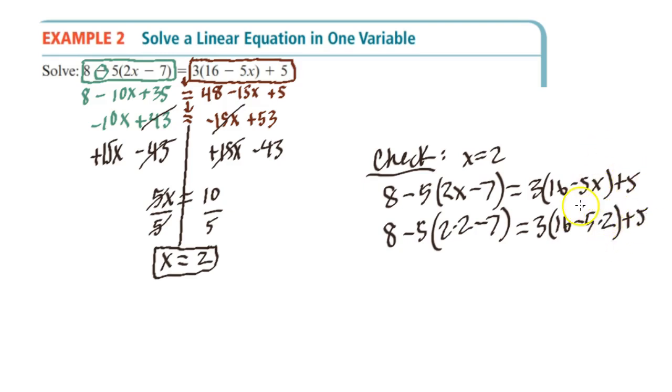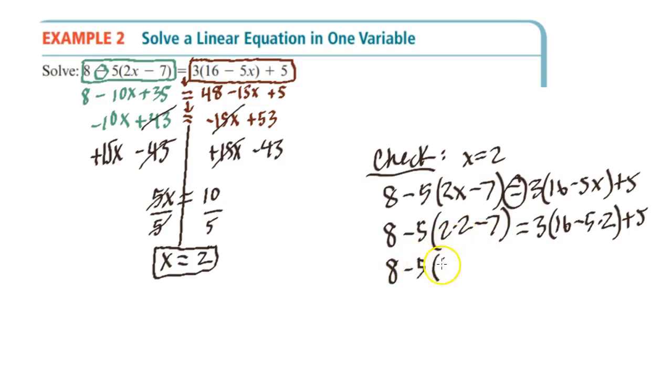Everything is identical, but wherever you see an x, put 2. So I know to multiply because 2 is being multiplied by x, and 5 is being multiplied by x. Okay, so we simplify. And ideally, we want to have equality. We want it to be equal on both sides of the equation. So let's simplify. We have to deal with order of operations.